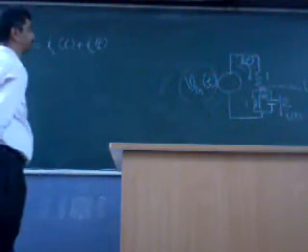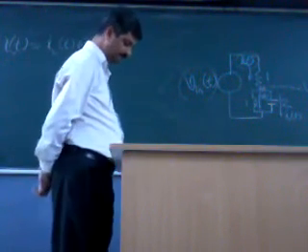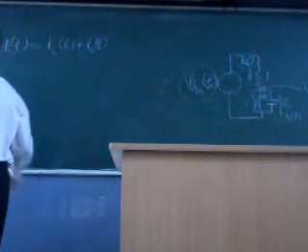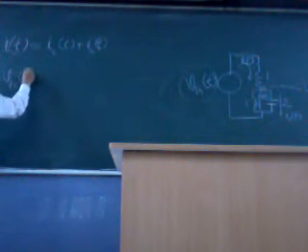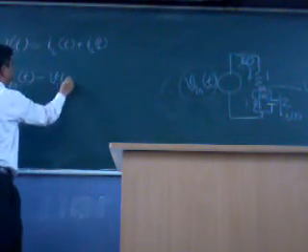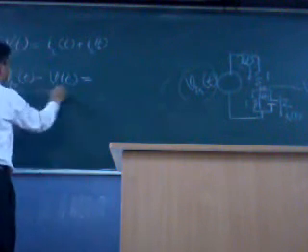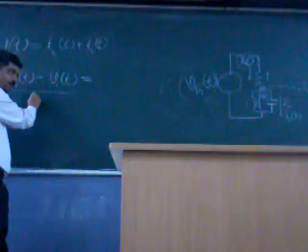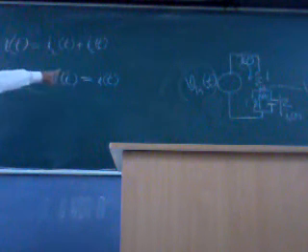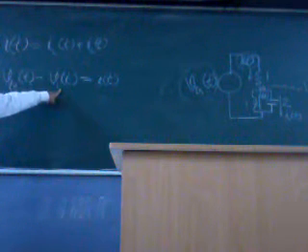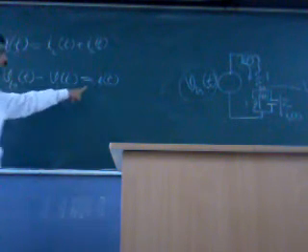That is very clear. That is one. And then number two, (v_in(t) minus v1(t)) upon R, with R equal to 1, is equal to i(t). Is it correct? Yes or no?